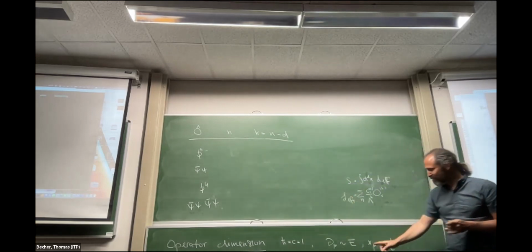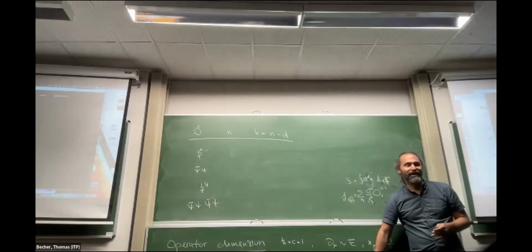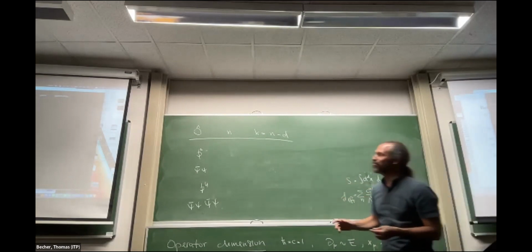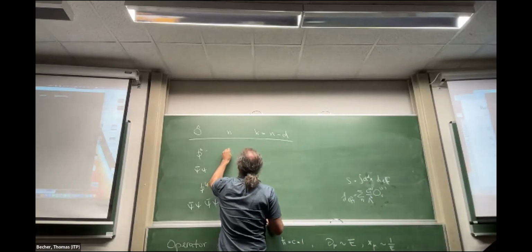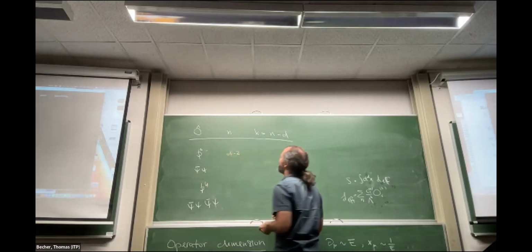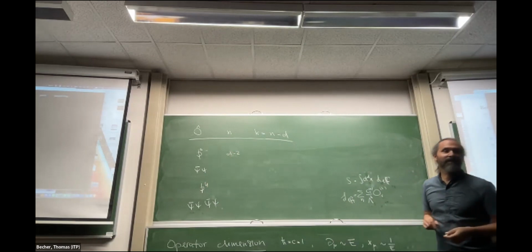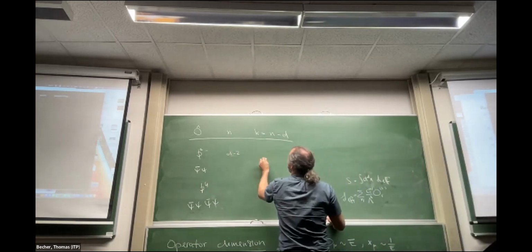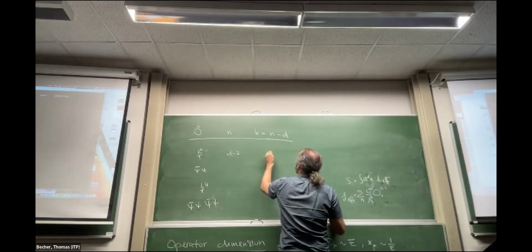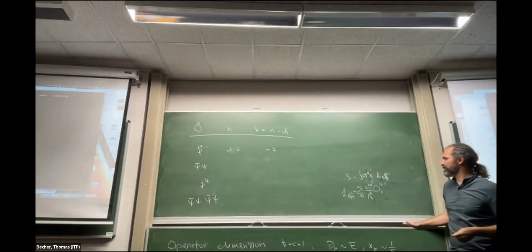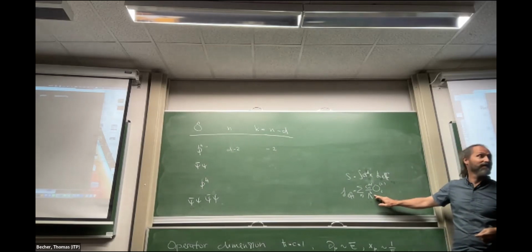So we said (d minus 2)/2 was our result for the field. So then phi squared is relatively simple: just d minus 2. And then if I subtract the d here, I get minus 2. And what does minus 2 mean?